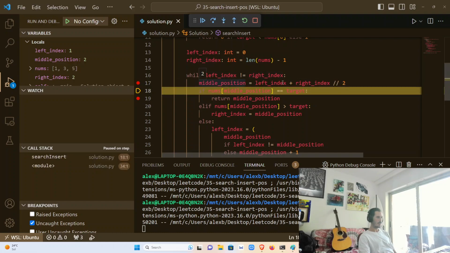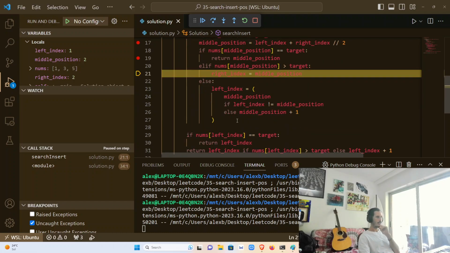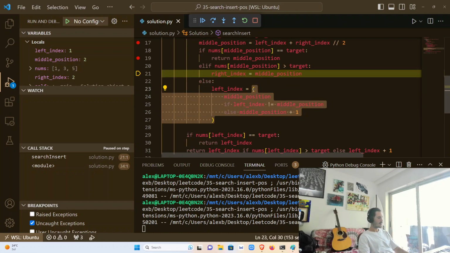Middle position 2. I think I should do the same thing here.